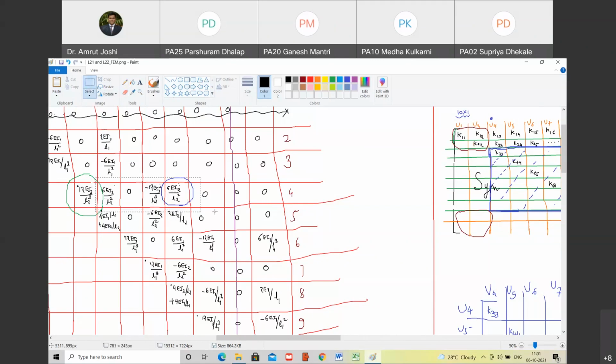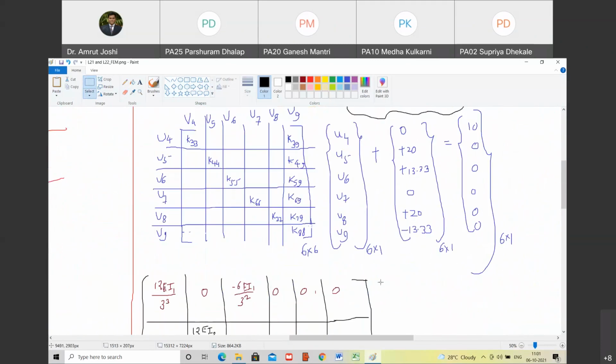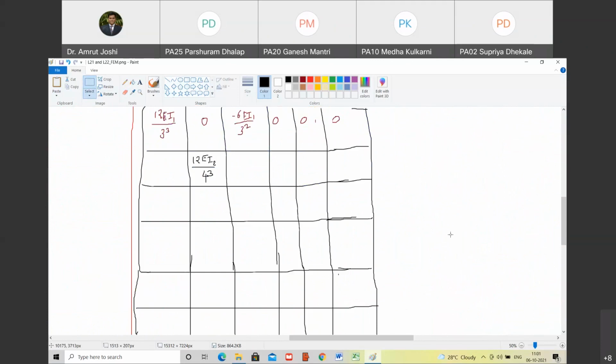So let me borrow these elements here so that it is easy for me to write. This is fourth row elements in succession. They will remain in succession. So what are the elements? 12 EI2 upon 4 cube. उसके बाद कौन सा एलिमेंट है? 6 EI2 upon 4 square.